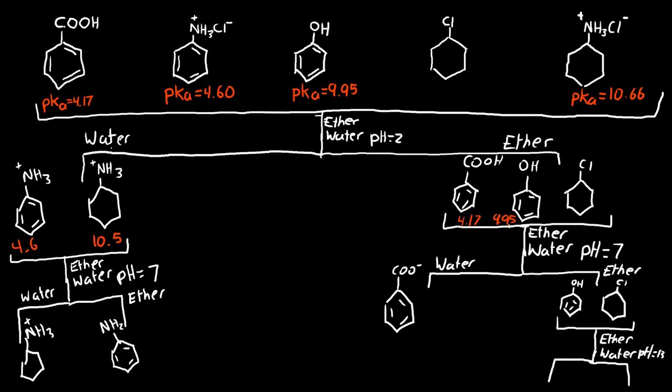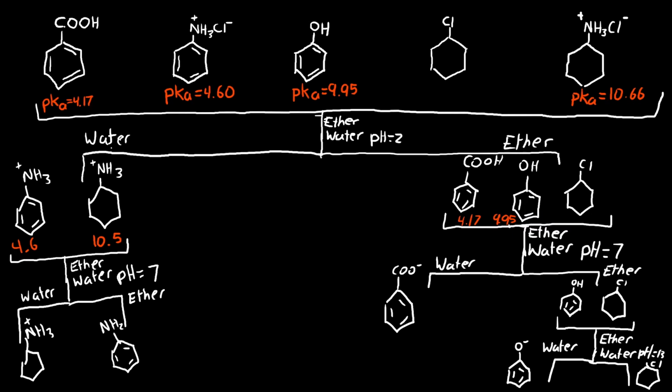So on the left side we have water. The compound will donate a hydrogen, leaving it O minus, which has a charge, so it'll fall in water, leaving the other one with the Cl. It's kind of bad, but I think you get the picture.